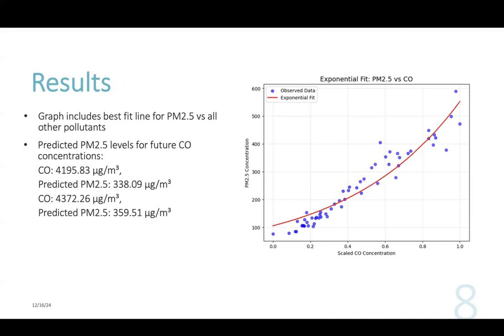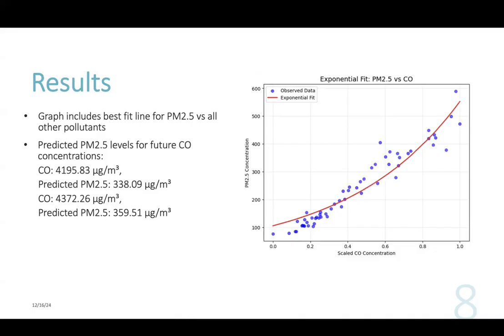So to go through the results, the first graph here is PM 2.5 versus carbon monoxide, and the red line shows the best fit line. We computed the best fit line for all of the pollutants versus PM 2.5, and we also predicted values of PM 2.5 levels for future carbon monoxide concentrations.